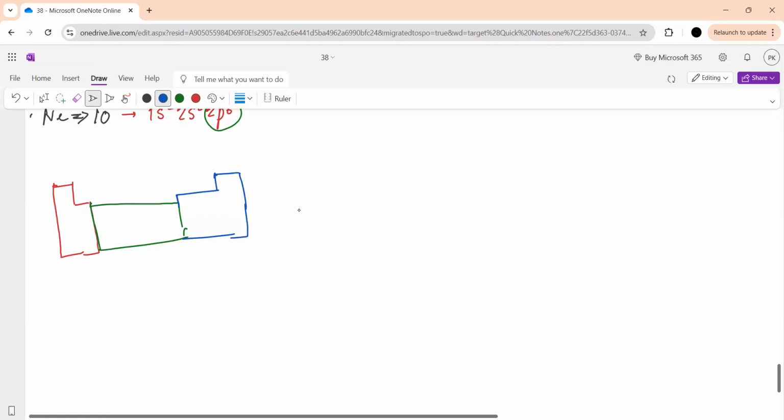Apart from these, we have another part here. Now this is our S block. This is our P block. This is our D block. And this is our F block.